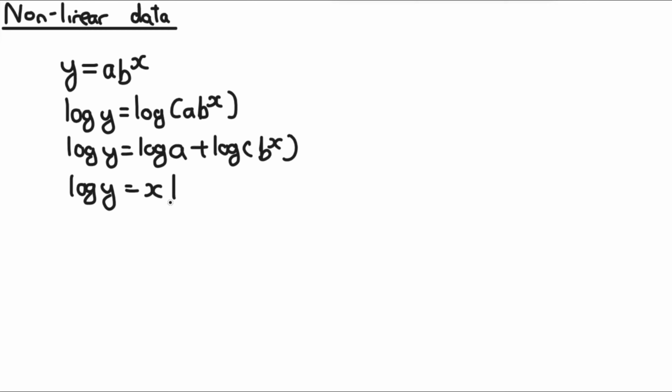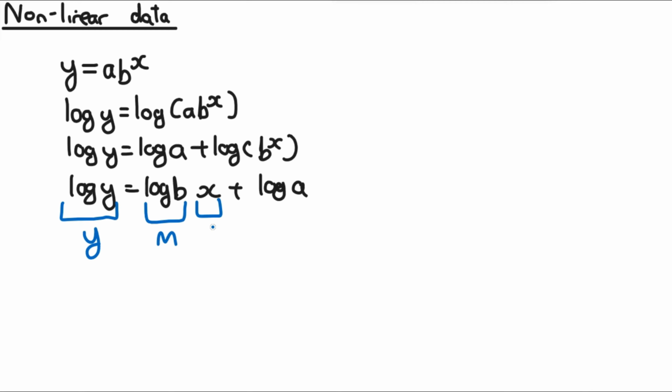As you'll see in a sec, I'm actually going to write this as log b, and then I'm going to put the x here, and then plus log a. And this is in the form y is equal to mx plus c. This is the y, this is the m, this is the x, and this is the c. So it's y is equal to mx plus c.